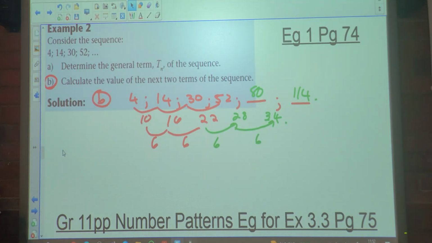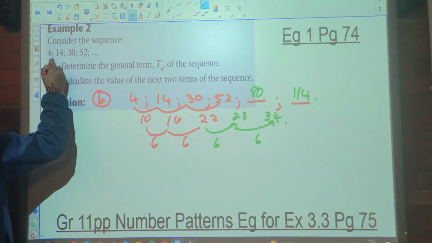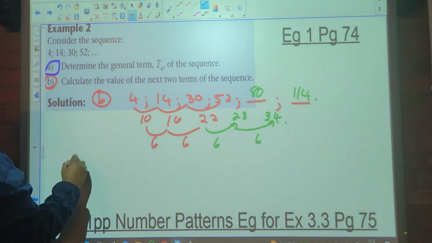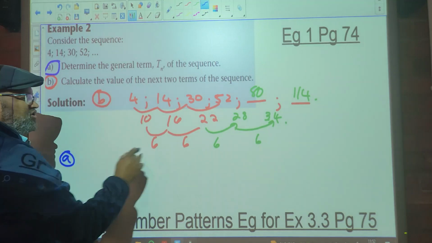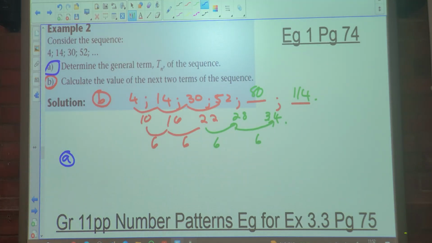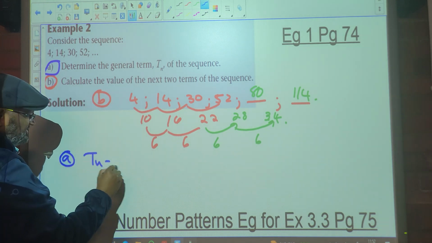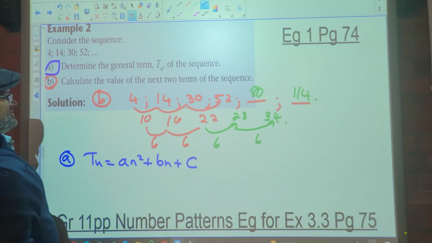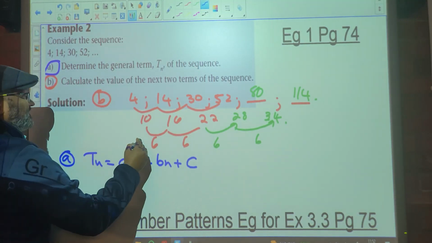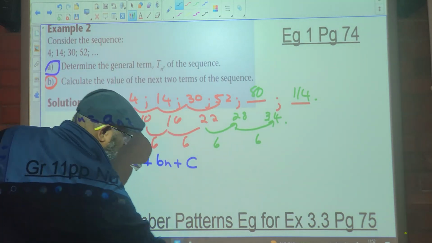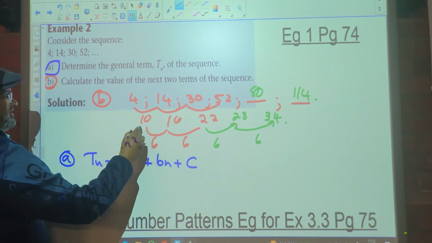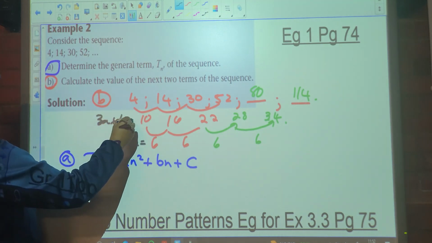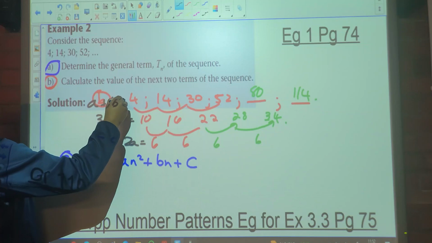Right. People, let's then go with the general term. What do we know about this? It has a second common difference. If it has a second common difference, it's going to be quadratic, which is Tn is equal to an squared plus bn plus c. What do I write on the side here? 2a, 3a plus b, a plus b plus c.